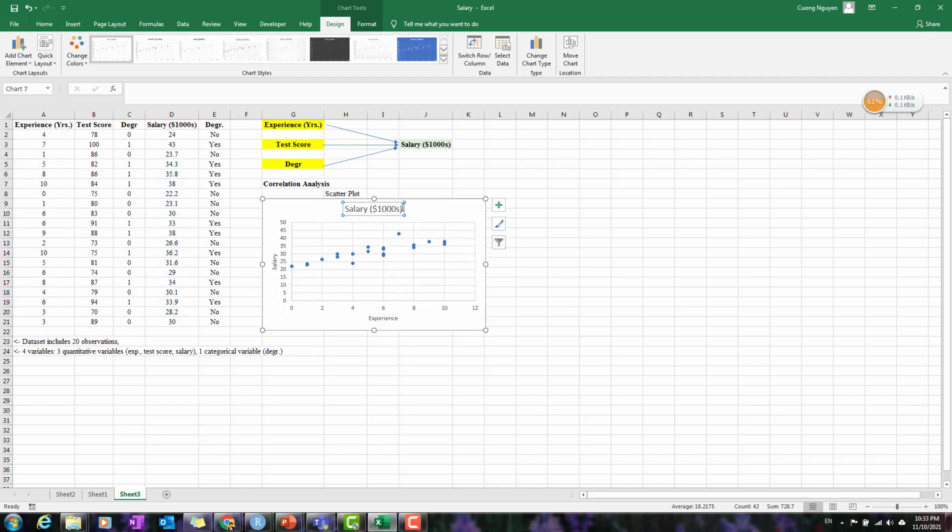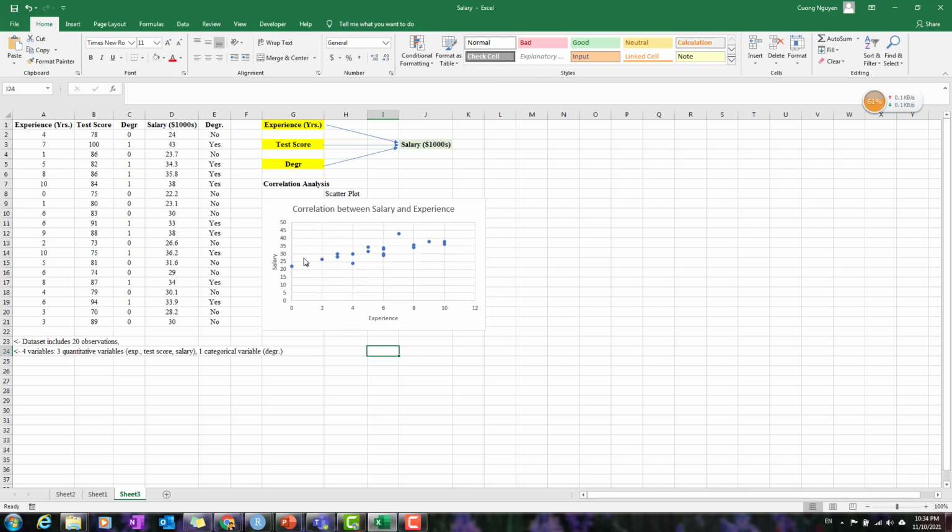I would say the title is correlation between salary and experience. It looks like with this one, I see an upward slope, a kind of positive relationship between salary and experience.